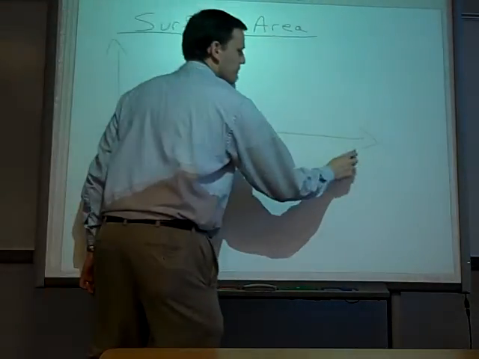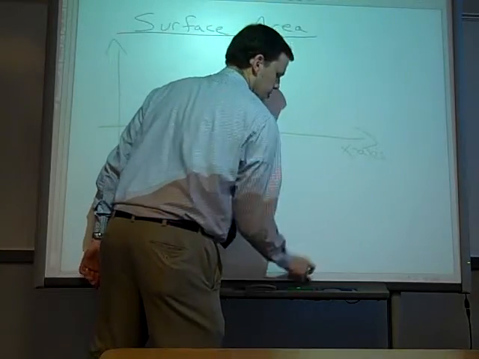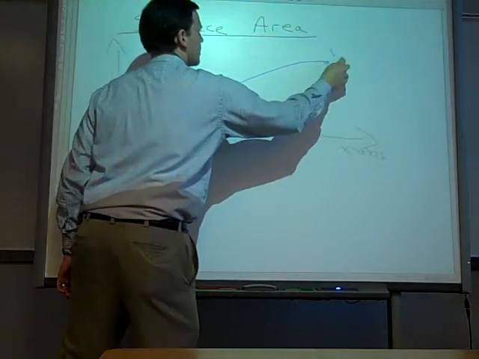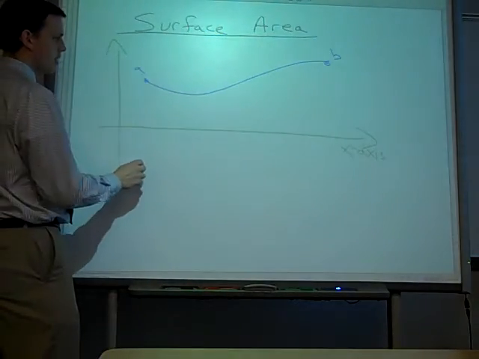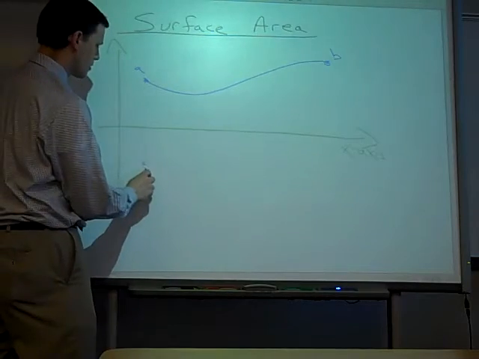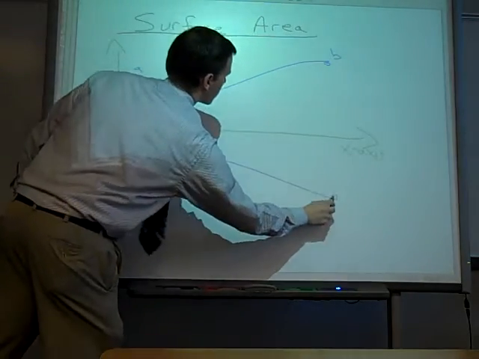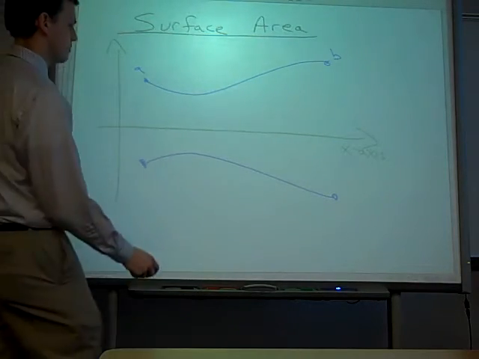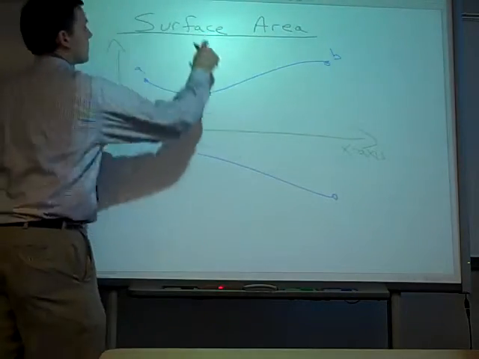All right, so with the surface area, same idea. You take some curve from A to B, and we're going to rotate it around the x-axis. All right, so it looks sort of like that. Close enough.